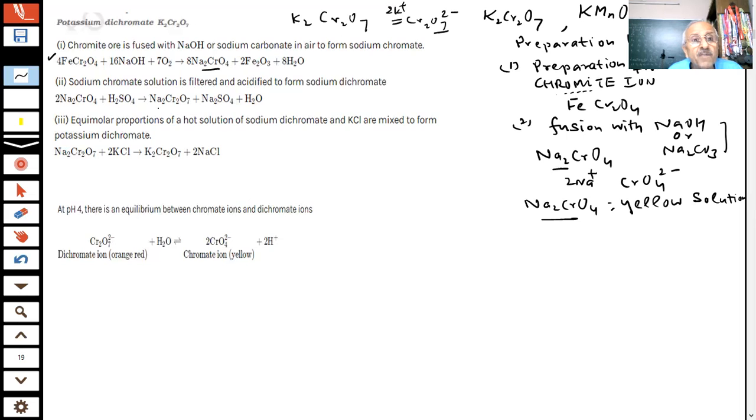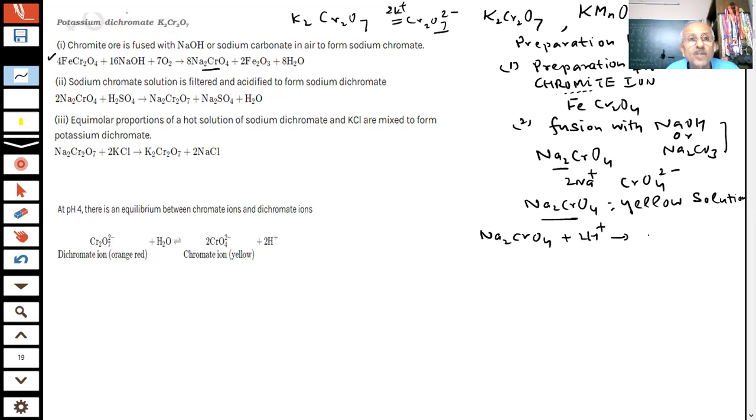The result is the formation of sodium dichromate, orange in color. I had Na2CrO4, and I am reacting this with acid, H plus.